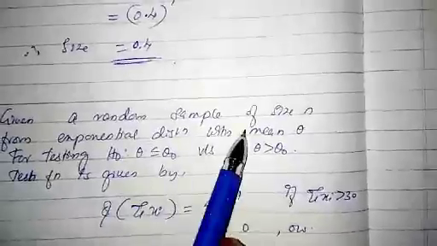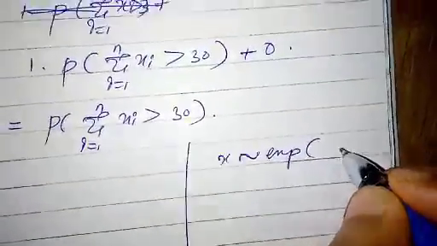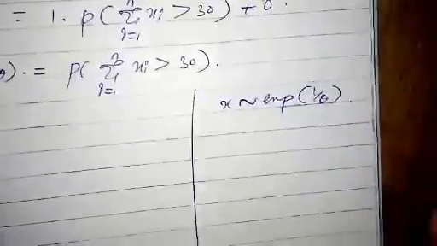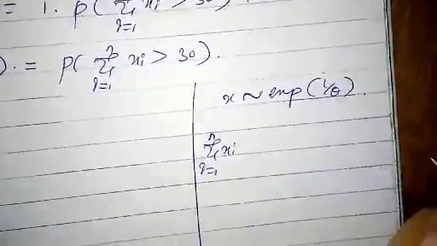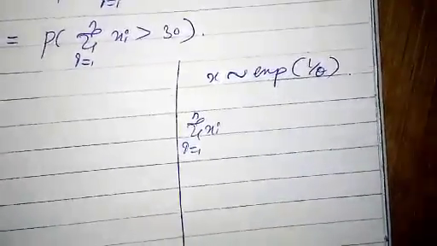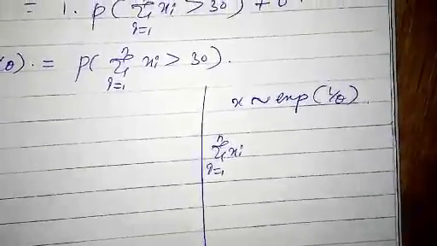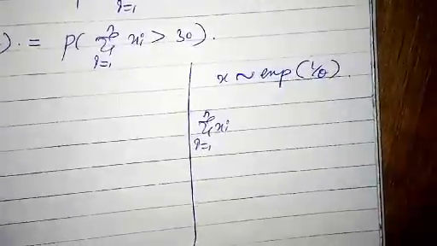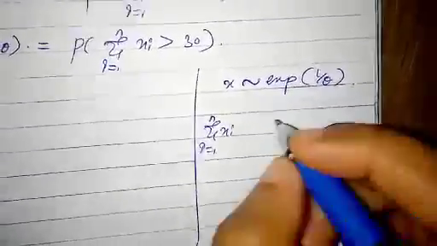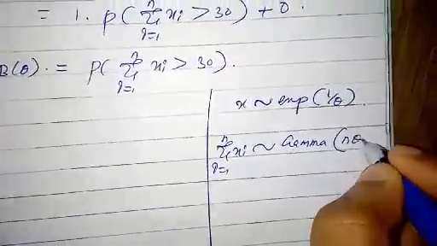Then what does summation xi follow? In distribution theory you have studied that if x follows exponential distribution, then summation xi follows a gamma distribution with parameters n and theta.